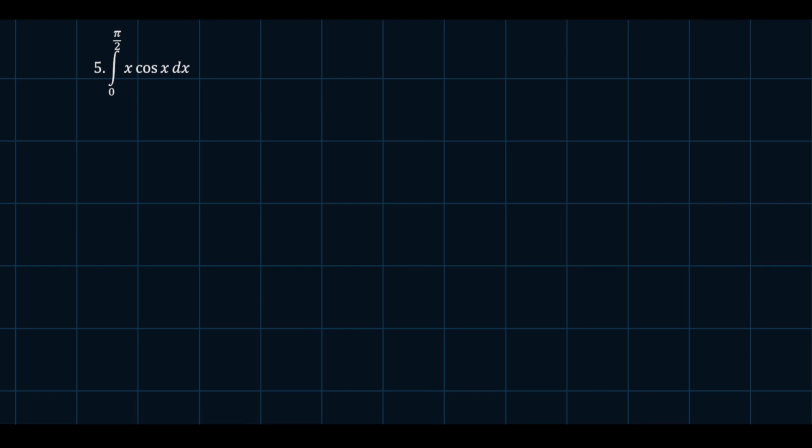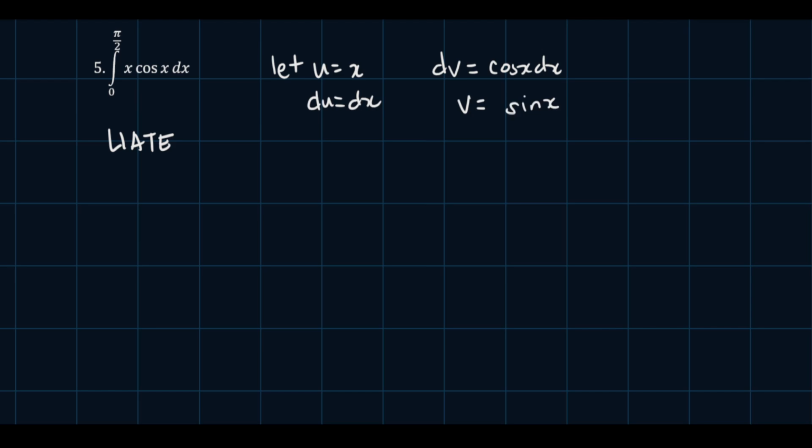So again, following LIATE. So we let u be equal to x. So du is equal to dx and dv equal to cosine x dx. So v is equal to sine x.